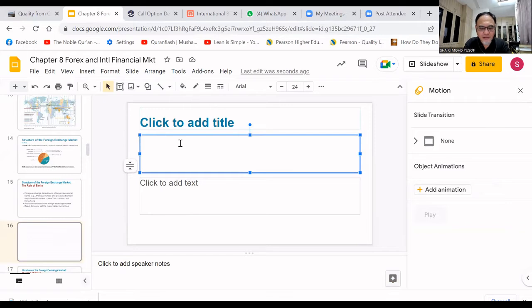So it is actually 10 million divided by 1.648.